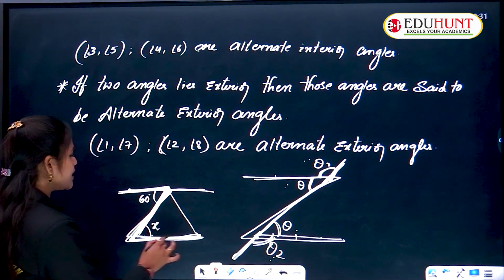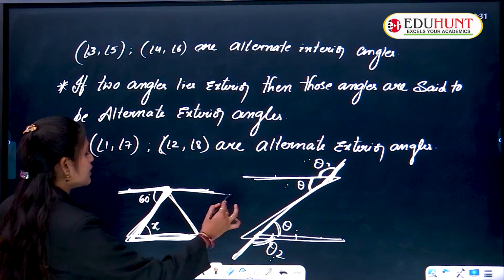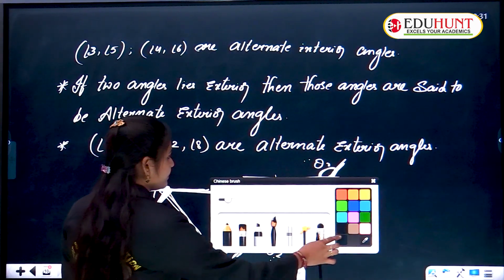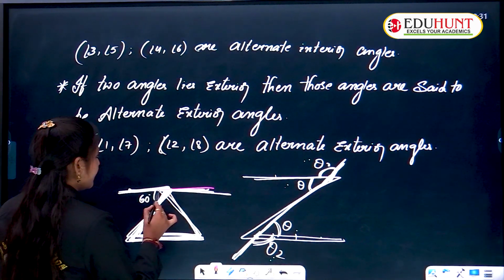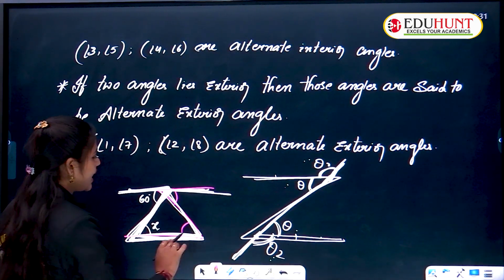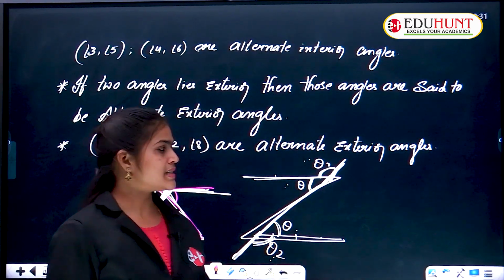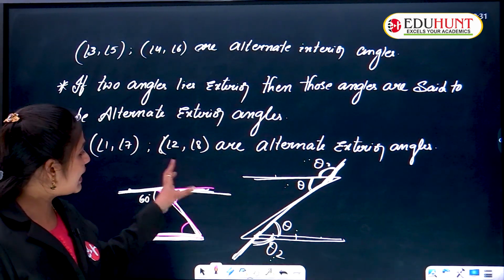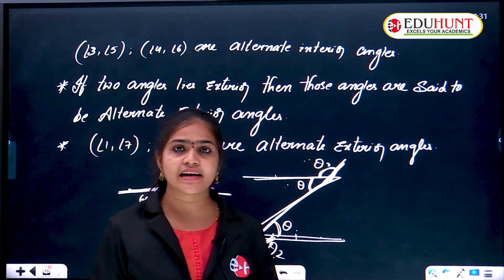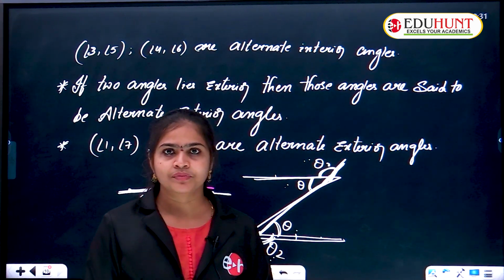Which shape can we observe here? Z shape. And in the same way, reverse Z also we can observe here. See that, ma? This is also Z shape only, no? Reverse Z. So these two angles are alternate interior angles. Am I clear to you, children? Yes. So by which letter can we observe alternate exterior angles or interior angles, ma? Letter Z, capital Z. Understood?